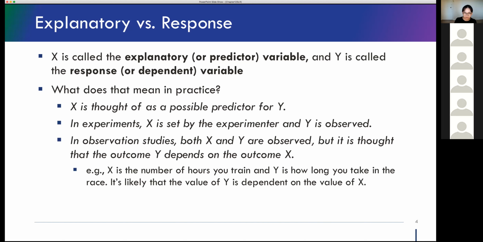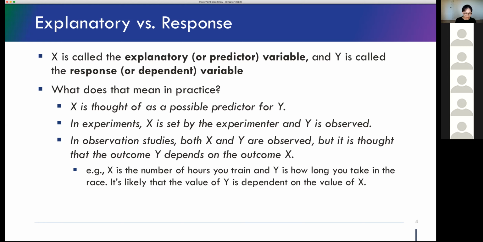I'd like to just put everything here. So what does that mean in practice? X is thought of as a possible predictor for Y. So we use the variable X to predict Y. In experiments, X is set by the experimenter.